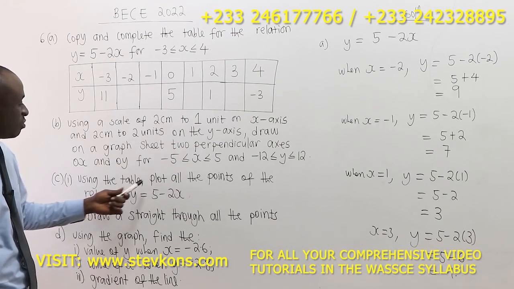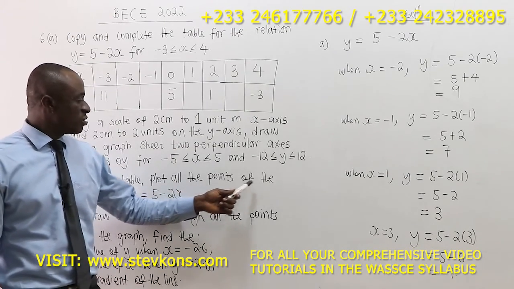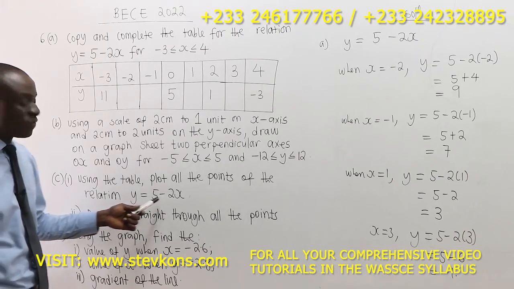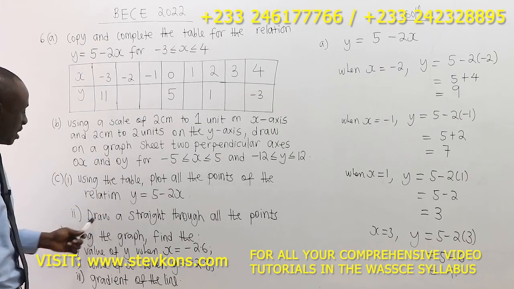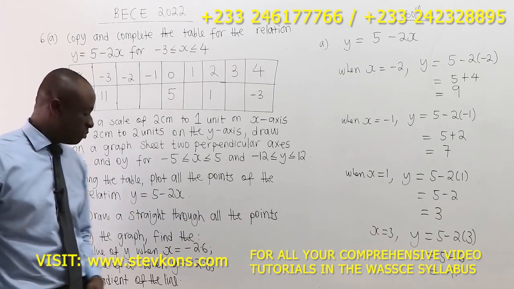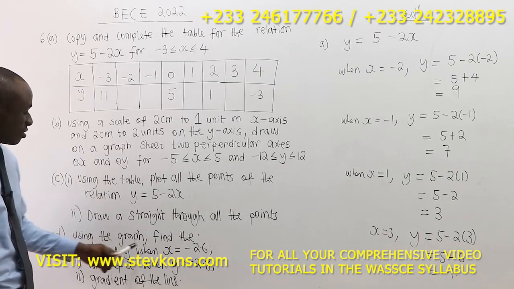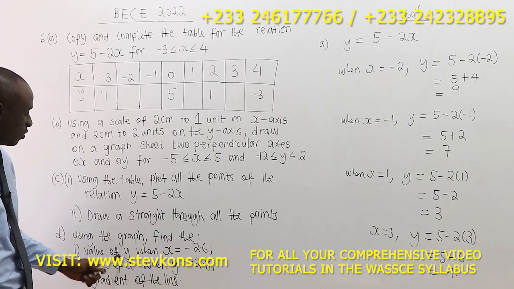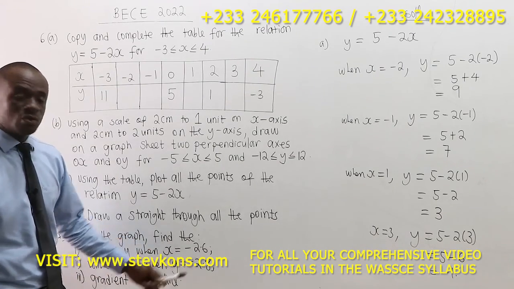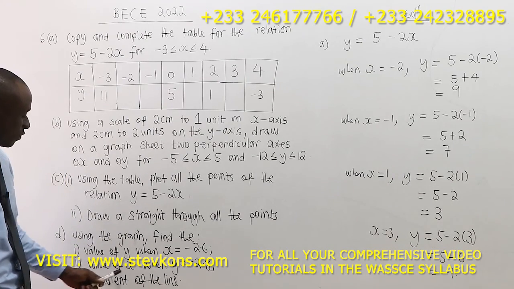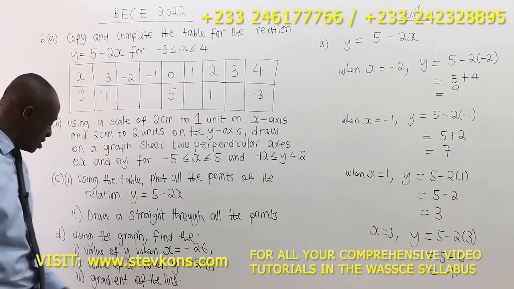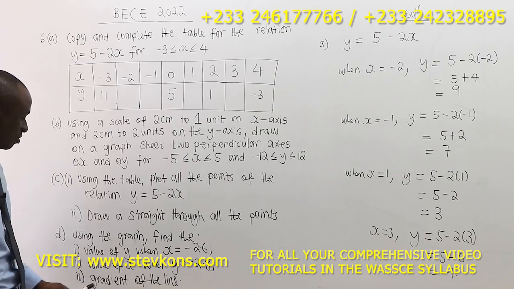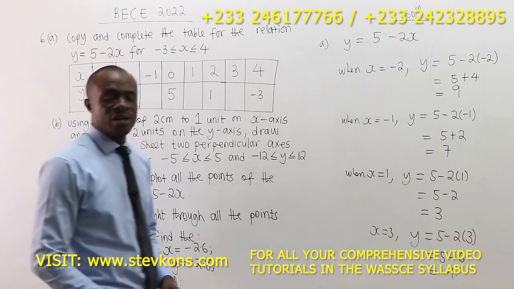C, using the table, plot all the points of the relation y equals 5 minus 2x. I, draw a straight line through all the points. Then D says that using the graph, find the I, value of y when x is negative 2.6, II, value of x when y is negative 2.8, and then the third one, gradient of the line.